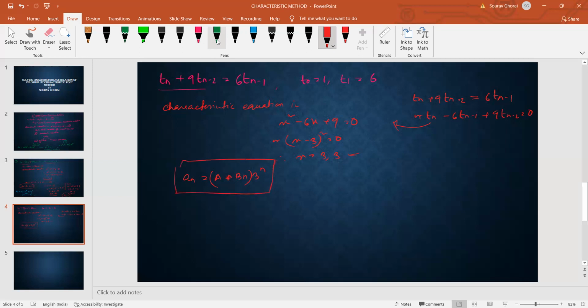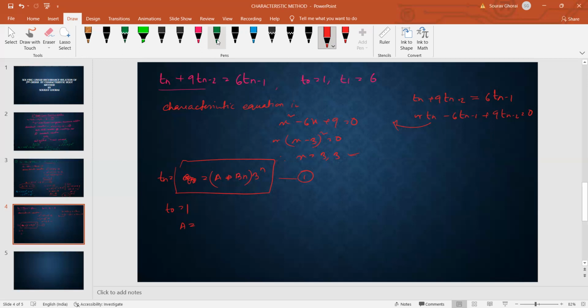Given that T0 is equal to 1 and T1 is equal to 6, we can use these conditions to find a and b.